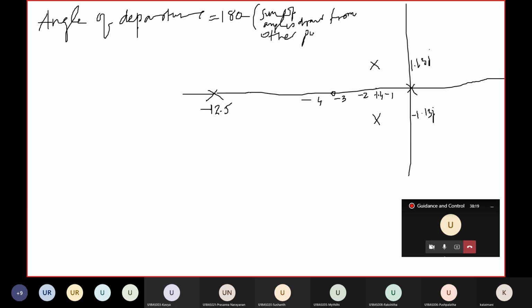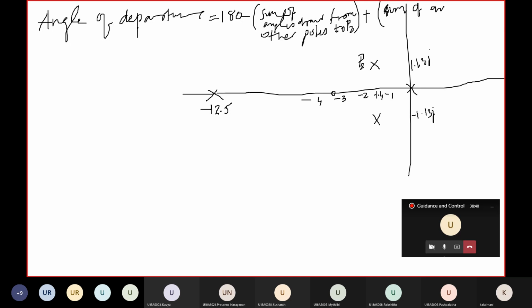Other poles to, I say this is pole number P2. Other poles to pole P2. Then plus the sum of angles drawn from zeros.